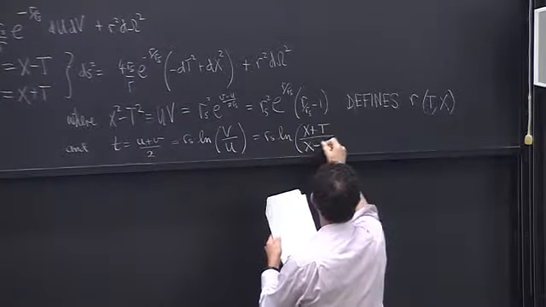Well, we don't need t for the metric. The metric doesn't depend on little t. But that's just a relationship between our old original Schwarzschild time coordinate and this new coordinate.